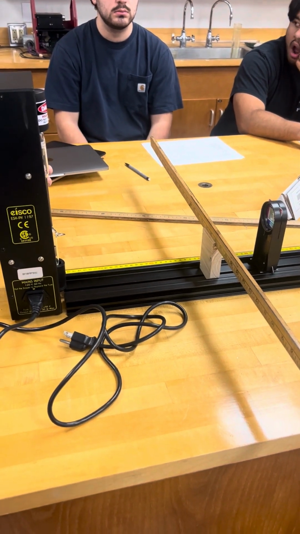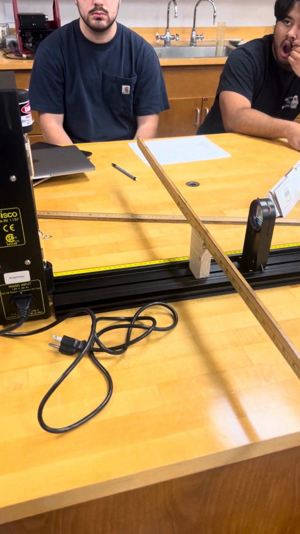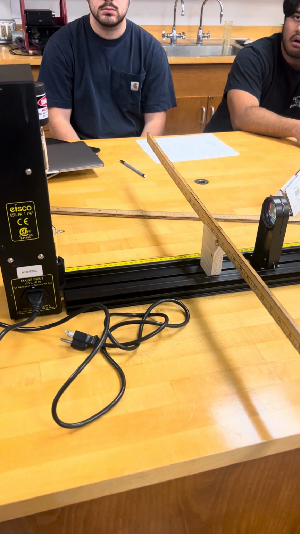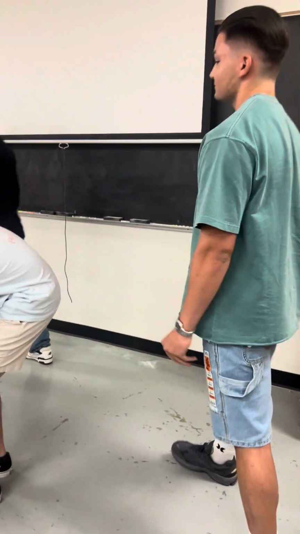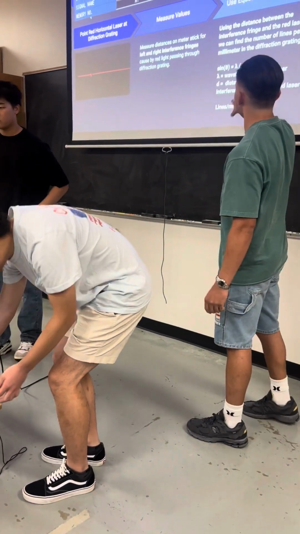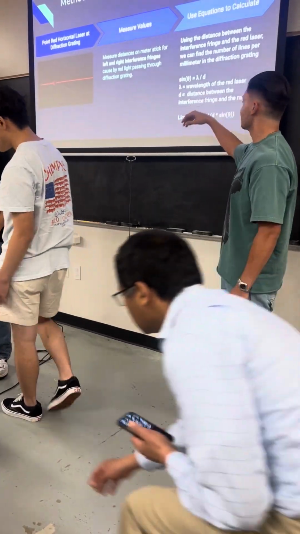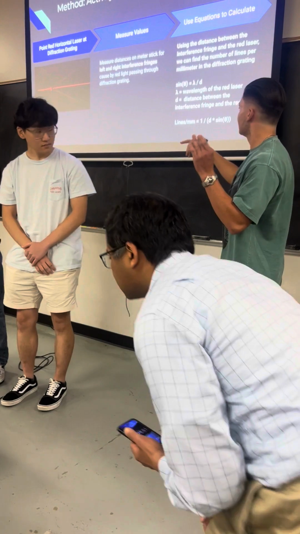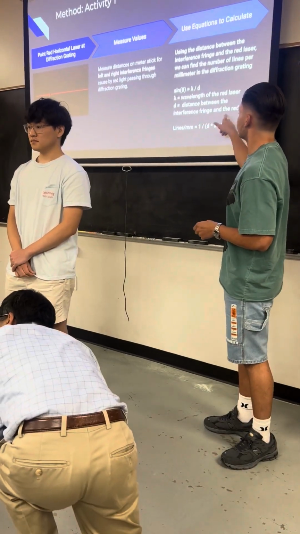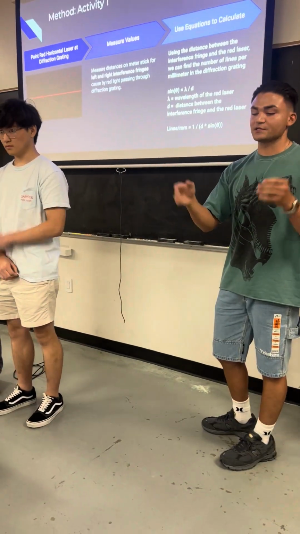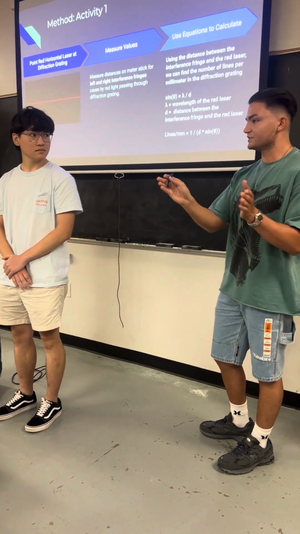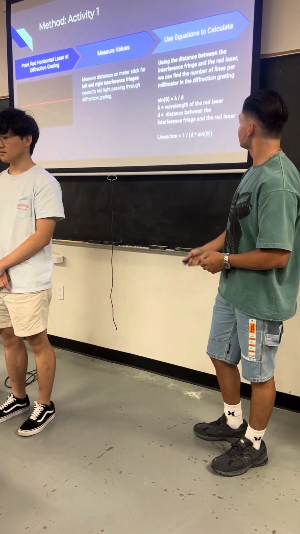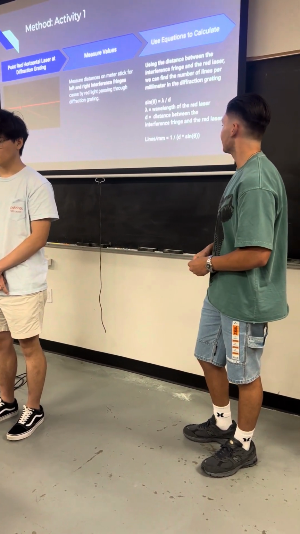And we already know the red wavelength, so I guess we can switch it back now to the computer. So then we can use these equations to calculate the angle, since we already know the wavelength of the red light, and we know the distance between the interference fringes. That's what we measured, because it would break off into two. So then we can just measure that. So that's the first activity.